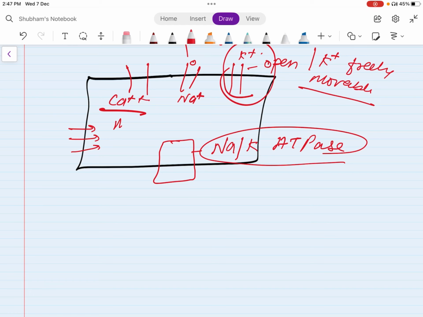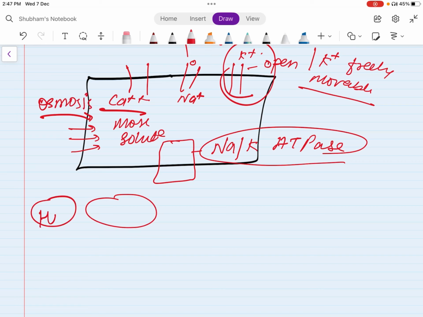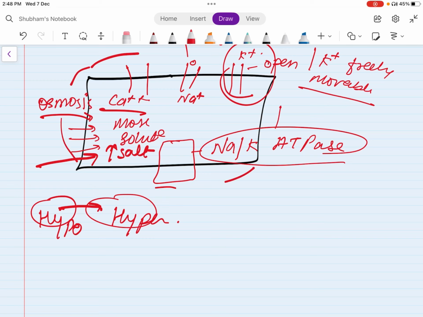Whichever side has more solute, water will travel there, osmosis will occur, right? Water will move from hypo to hyper. And if we have more salt here, more cations here, then water will move inside, and the cell will swell up and burst. That's why we need to maintain a balance between cations.